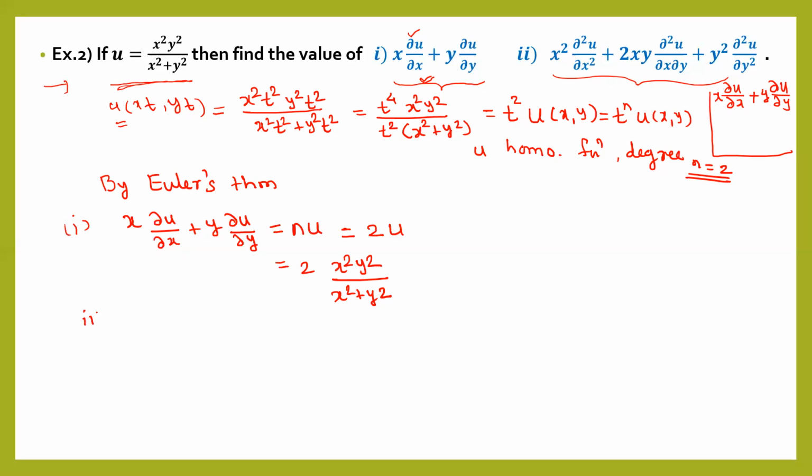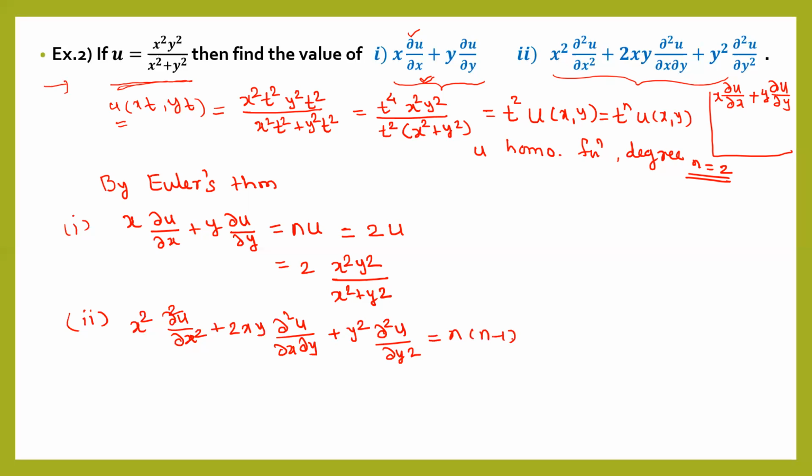Similarly, the value of the second term, x square ∂²u/∂x² plus 2xy ∂²u/∂x∂y plus y square ∂²u/∂y², is n minus 1 u. Now just substitute the value of n.